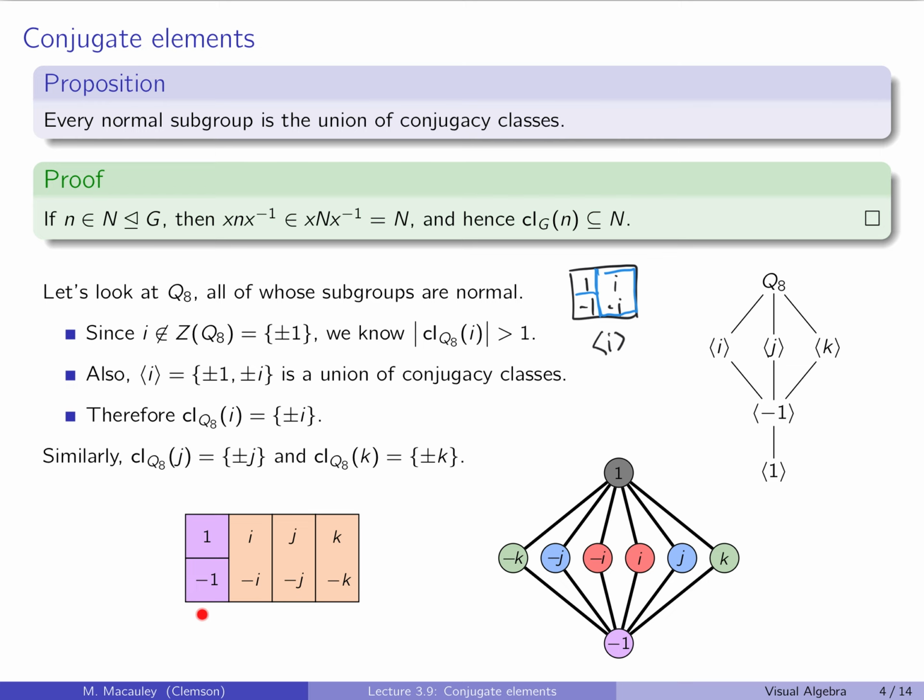Notice that the center consists of the union of the 2 singleton conjugacy classes, then everything else has size 2. Here's a cycle graph of Q8. Again, I still like to color these nodes so you can see the orbits, but this just says that every element that's not 1 or -1 is conjugate to its negative and nothing else.